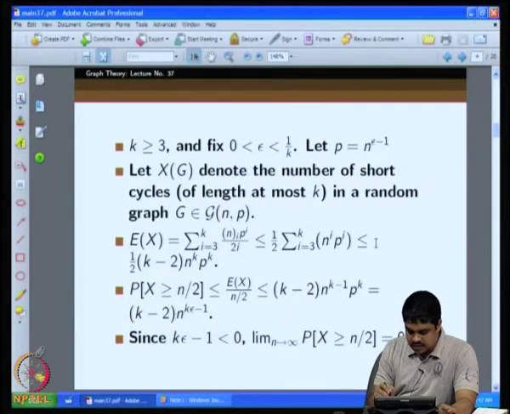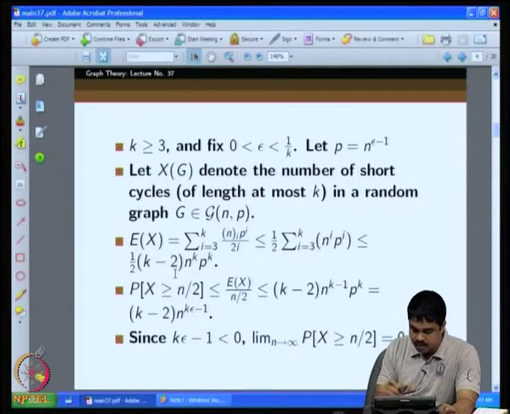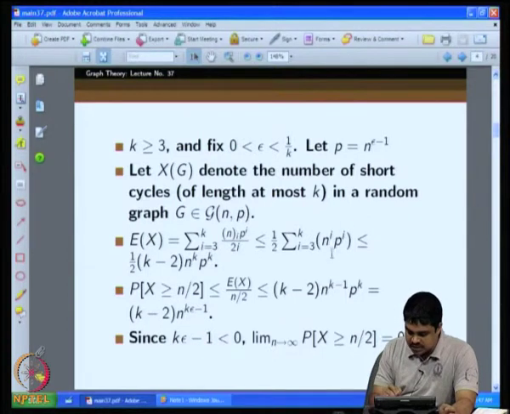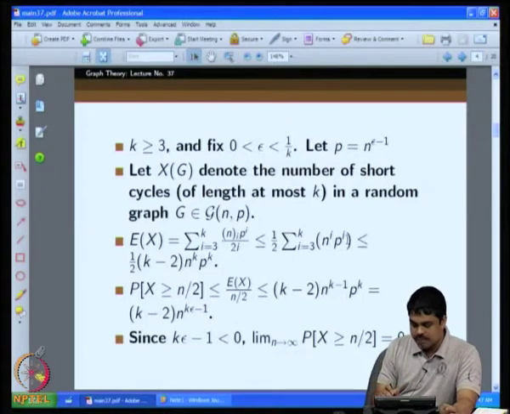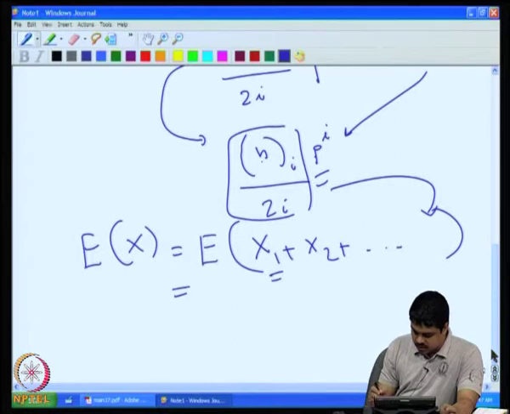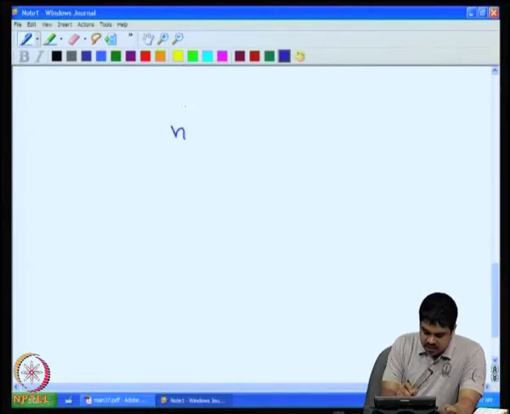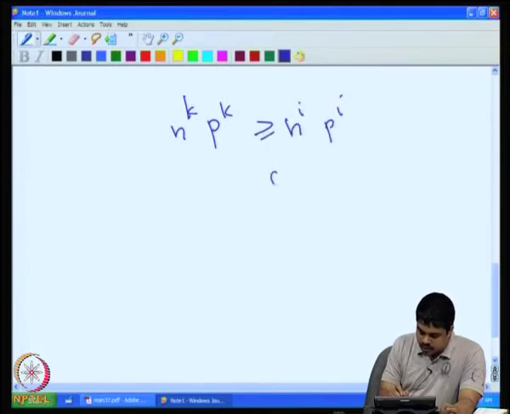How many terms are there here? Because we are going from i equal to 3 to k, there are k minus 2 terms, and each of these terms is upper bounded by the biggest such term, namely n raised to k, p raised to k. Because n raised to k, p raised to k is greater than or equal to n raised to i, p raised to i for i less than or equal to k.